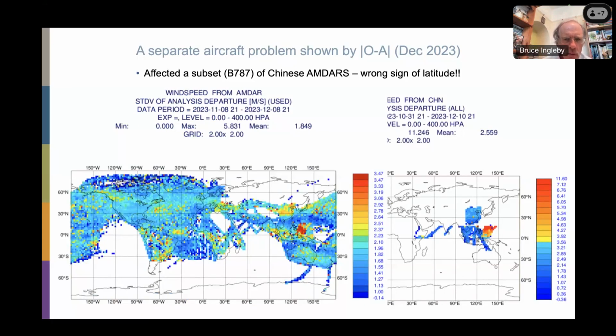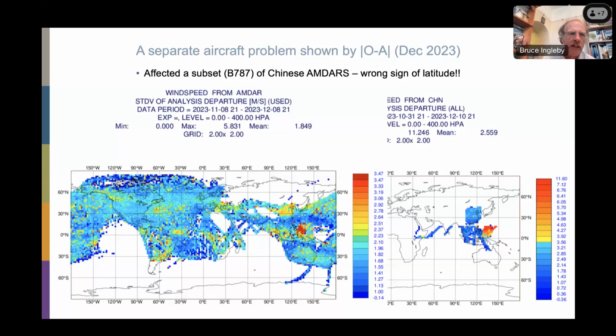And I thought, what's that red blob in the tropical West Pacific? The general feature is that the O minus A magnitude is relatively flat for used data.